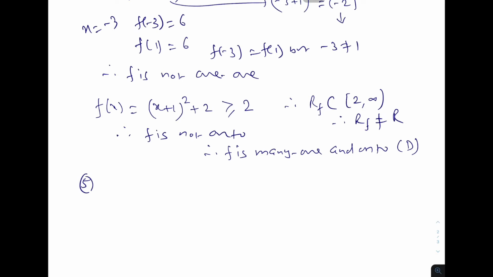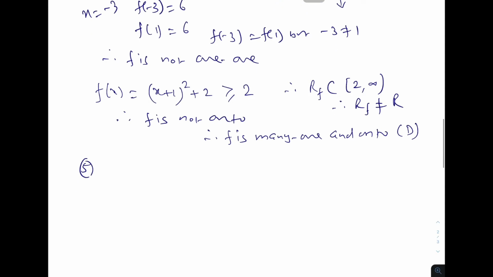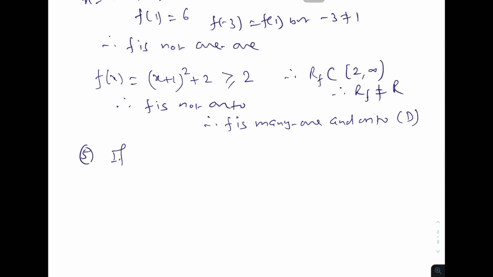Take one more. So these are the kind of examples that you are having for 1-1 and onto. Let us take this one.